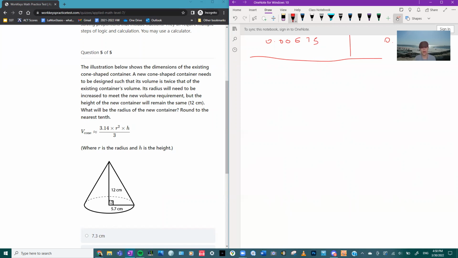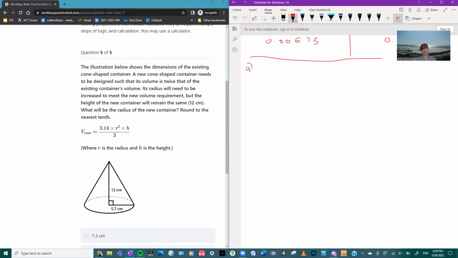And it's going to have the same height, but we're trying to figure out what the radius is. And what we got to do is use our algebra skills and solve for r when we plug in other things to the equation. But the first thing we need to do is find the volume of the cone that's existing so that we can multiply it by 2 to figure out the volume of the new cone. And then we'll be able to find the radius.